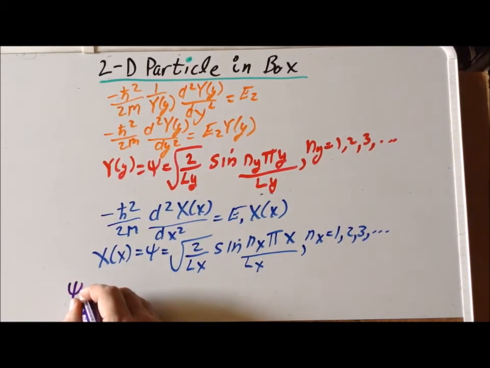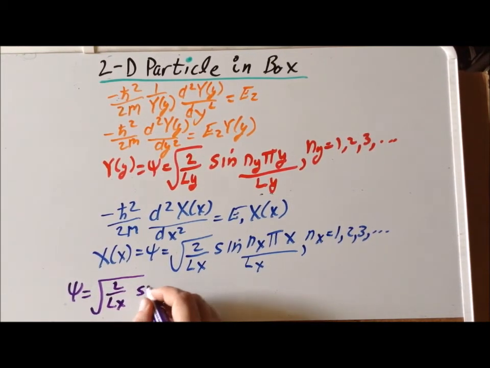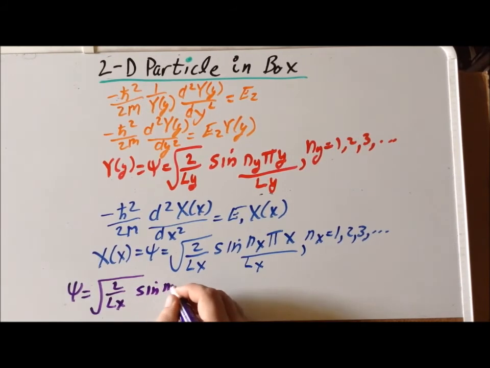In x, so we'll write down the x part here. That's the square root of 2 divided by L sub x times the sine of n sub x pi x over L sub x. So that's the part that has to do with the x part.